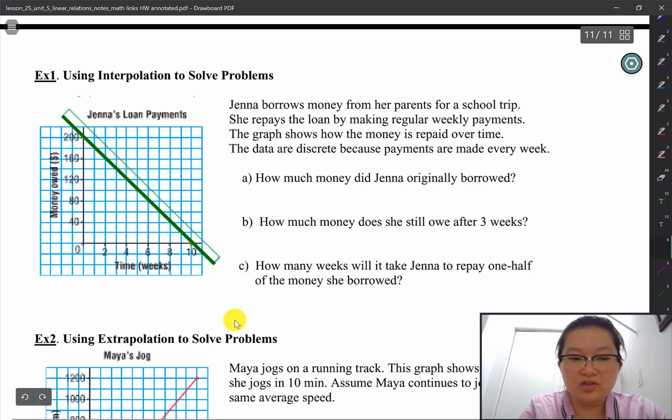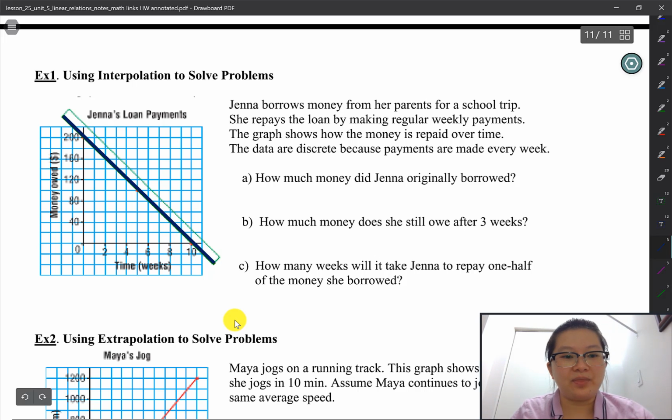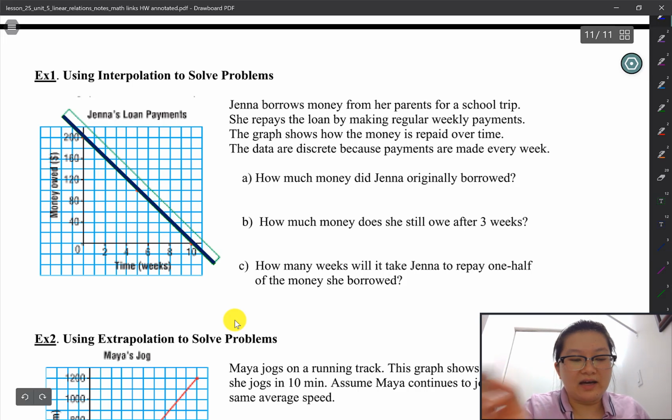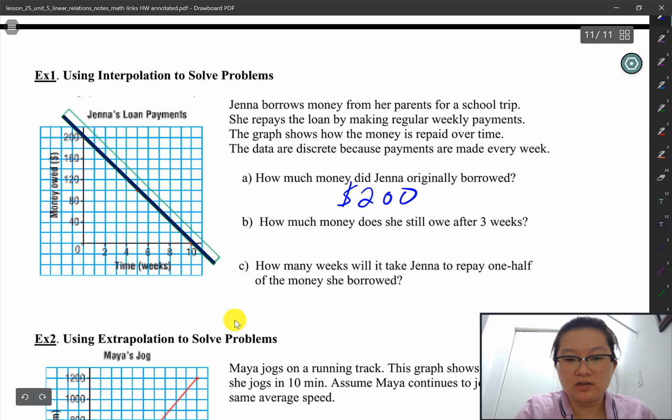In fact, let me put in a different color so you know exactly what I mean. Okay, so we can see based off of this line that the graph touches $200 at the beginning of time. So she originally borrowed $200 at time week number 0.